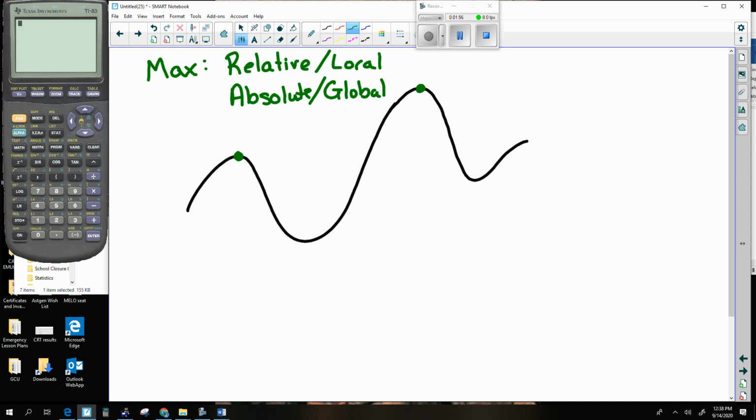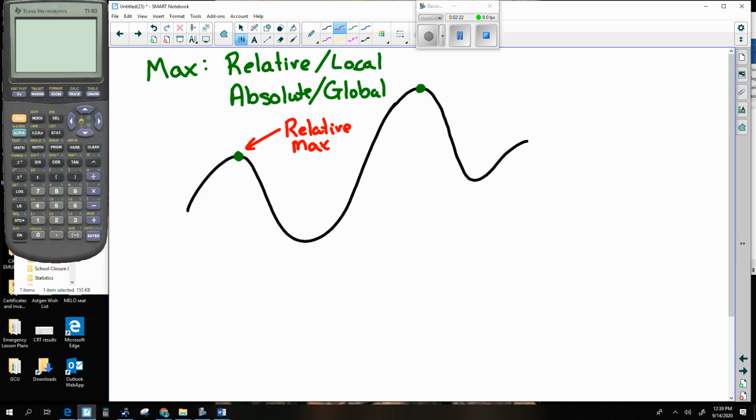So there's such a thing as a local or a relative maximum, and then there is also an absolute or a global maximum. And the little guys are relative. So for instance, that is a relative maximum.